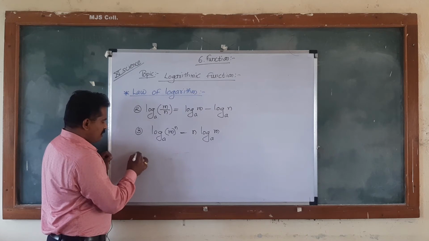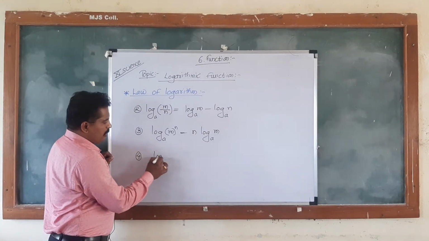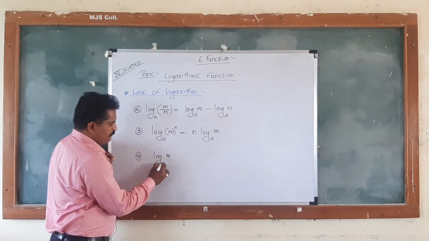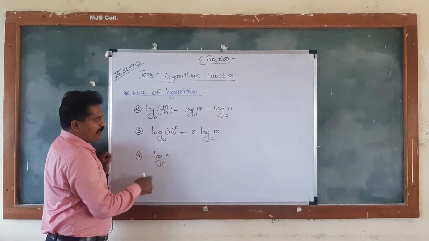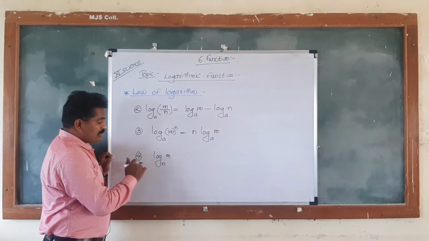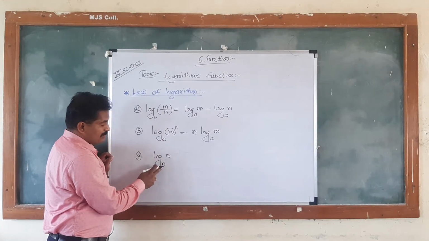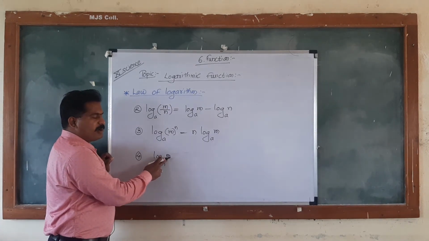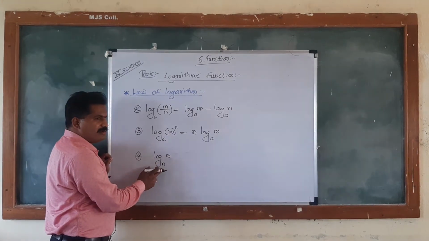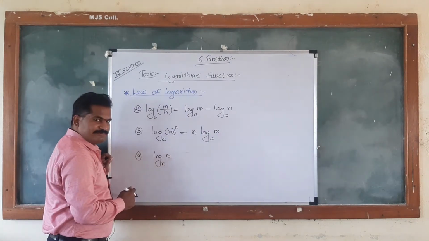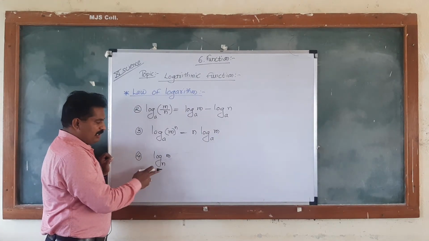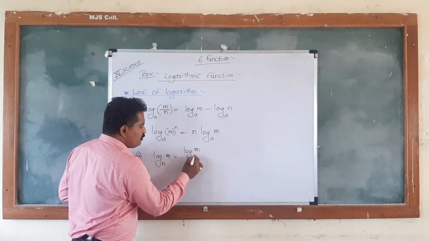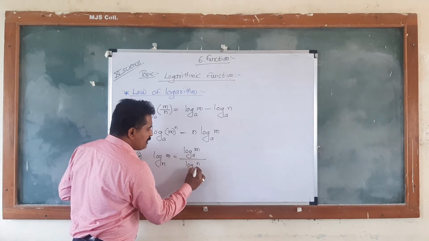The fourth law is change of base. If we have log of m to the base n, and we have to change this base, for example we need log to the base 10, then we can change this base by a formula: log of m to the base a upon log of n to the base a.